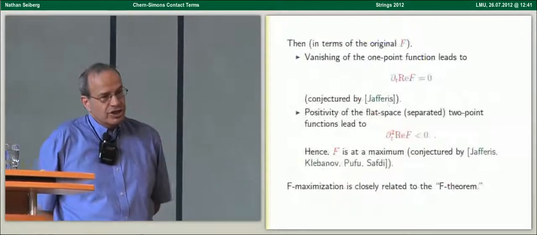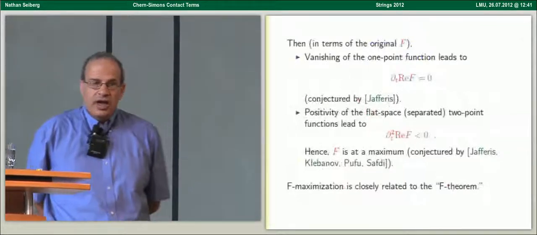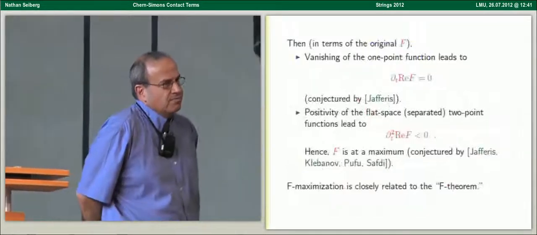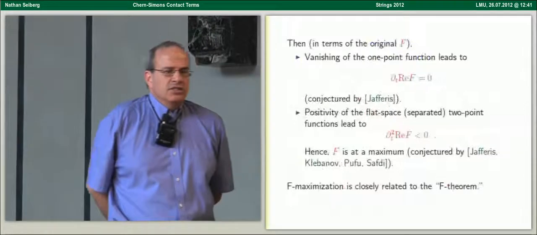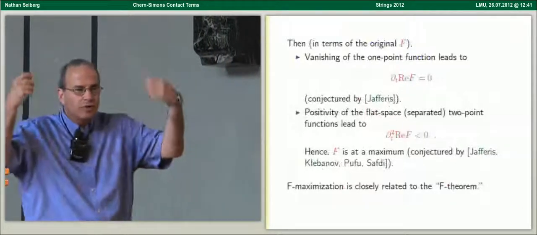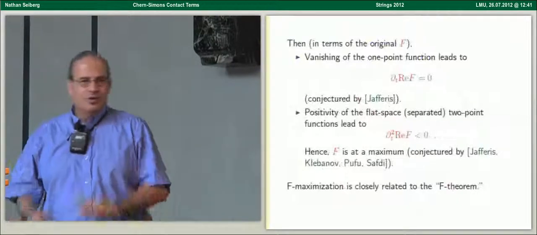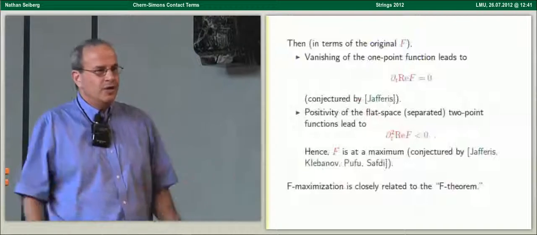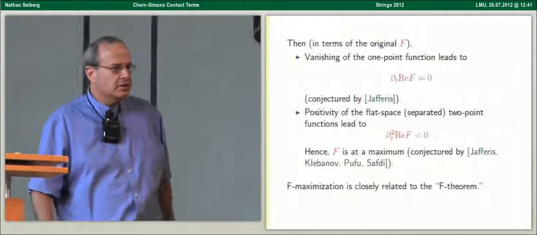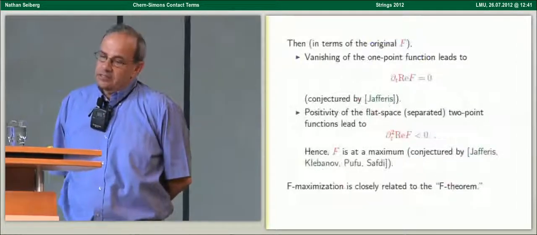Second, we can consider the second derivative with respect to t. This is associated with the two-point function. Actually, the two-point function is at separated points. And now we use again positivity. Positivity is the statement that the two-point function at separated points is positive in the right units. This again follows from unitarity. Since our theory is now perfectly unitary, we can use that. And this tells us, if we trace all the i's and minus signs, that the second derivative of the real part of F must be negative.